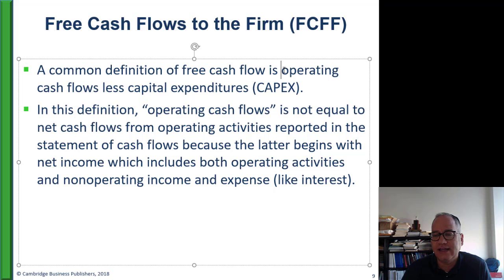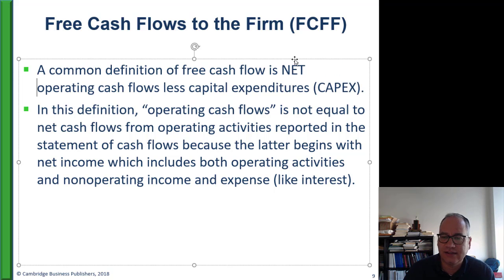I say net operating, and it doesn't say that here. It's just a technicality. When you look in the statement of cash flows, you always say net operating cash flows or net cash flows from operations.